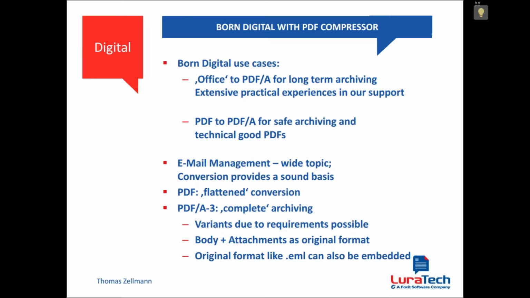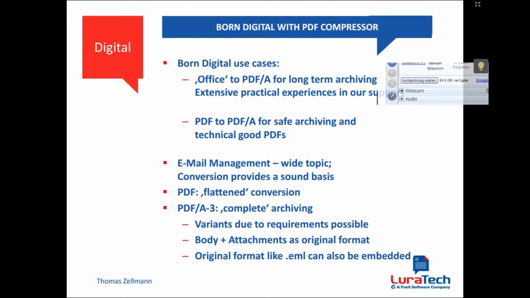And it's all in a row, and you cannot really figure out anymore, was this a Word in the original, was this the Excel? And this is where PDF A3 comes in. This really goes for complete archiving with different options. So this depends on your requirements, but very often you can have the body and the attachments as original format, or you can also embed this.